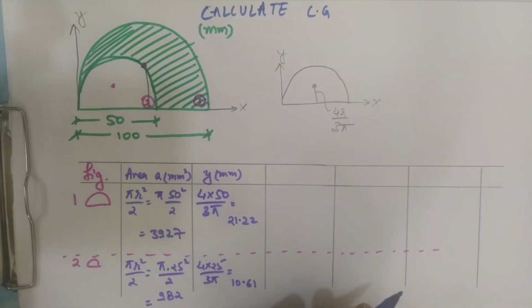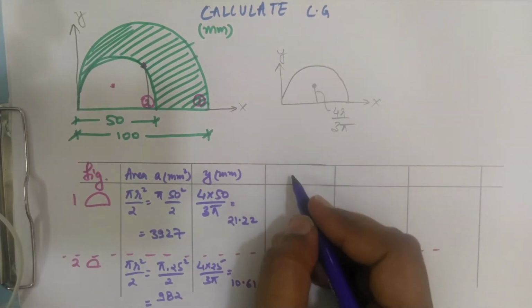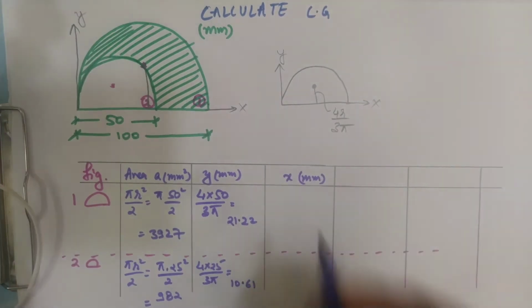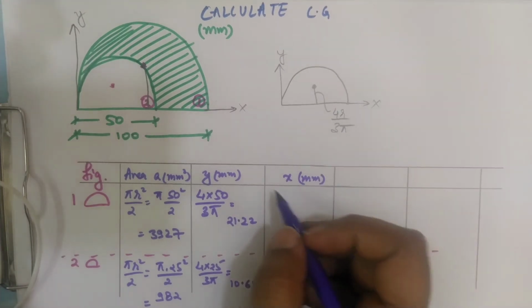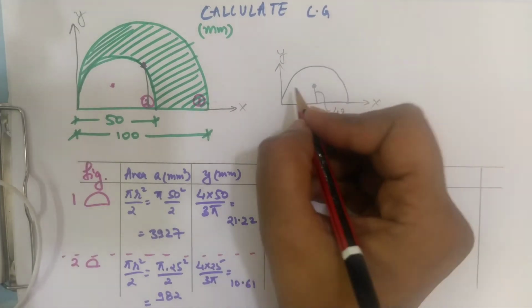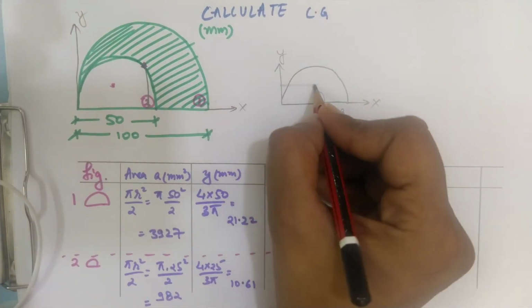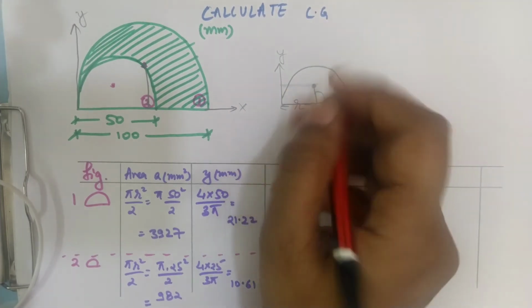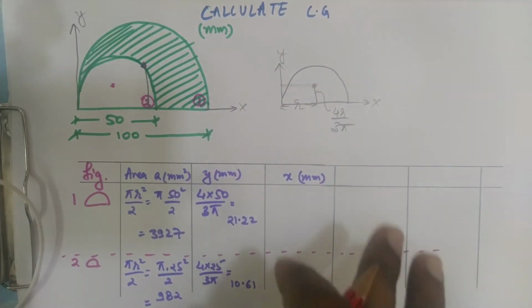Now I come to the x. So how much is your x? For a semicircle it is not a formula, it is the position. This is your semicircle and for this particular figure this is your r. It is position, not a formula.